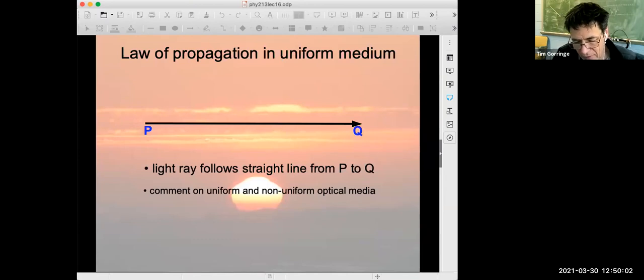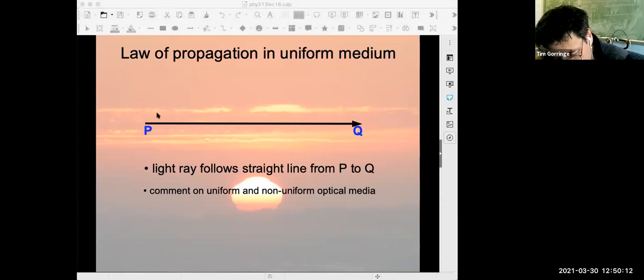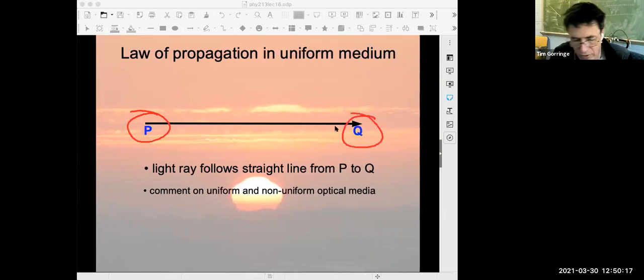It says that if light rays travel from some initial location, labeled P over here on the left, to some final location, Q over here on the right, light travels in a straight line from P to Q if it's traveling through uniform material, traveling through the same material. It just travels in a straight line.